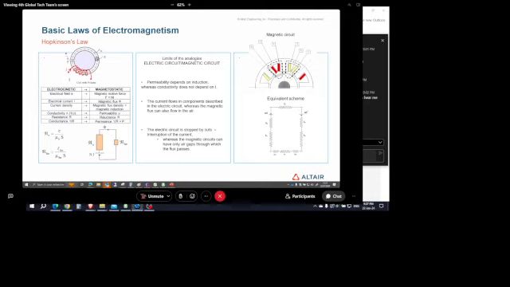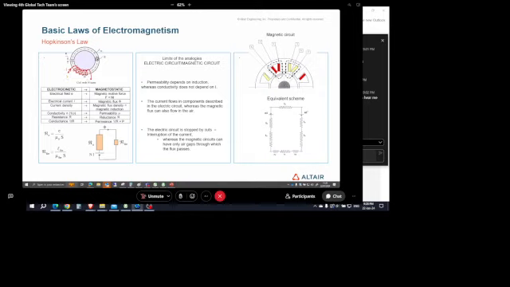So let's consider this small example, a torus, where we have this air gap, right? This torus has a constant section, S, and the mean length of this torus is L fer. Fer is in French actually, fer is iron, so L iron. And the length of the air gap is e.